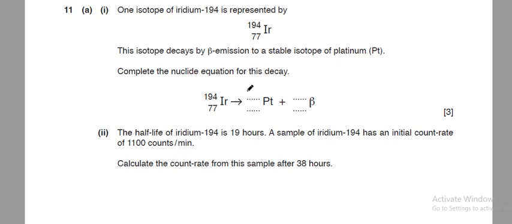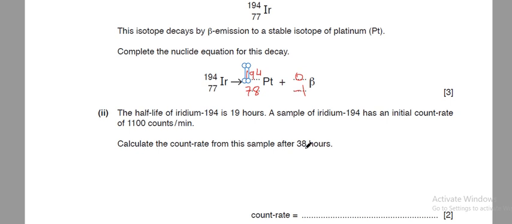So mass number remains the same, atomic number increases by 1, and for the beta particle the mass is so small, almost 0, and the atomic number is -1.